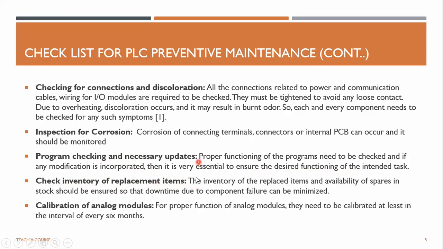And sometimes you need to check the inventory and replacement items. Sometimes the input or output card of the PLC can fail. Rather than waiting 6 months or 3 months and importing them from overseas, you can't stop your production line, right? So there's an inventory in the warehouse, right? You keep additional I/O modules, input/output cards, or PLC modules ready.